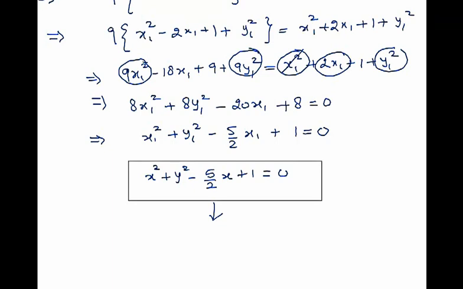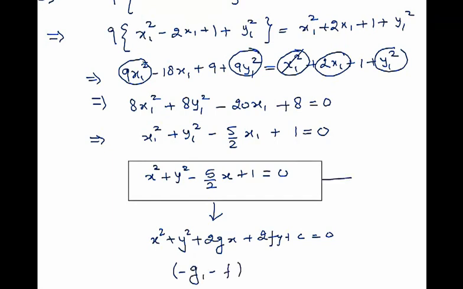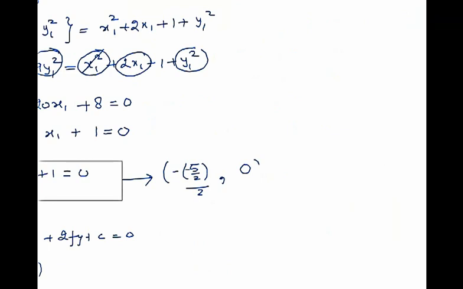The center of this circle we can easily calculate, because for a second degree equation of the form x square plus y square plus 2gx plus 2fy plus c equal to 0, the coordinates of center are (minus g, minus f). So for this equation, the coordinate of the center will be minus times minus 5 by 2 divided by 2, comma, the coefficient of y is absent here, so f is 0.